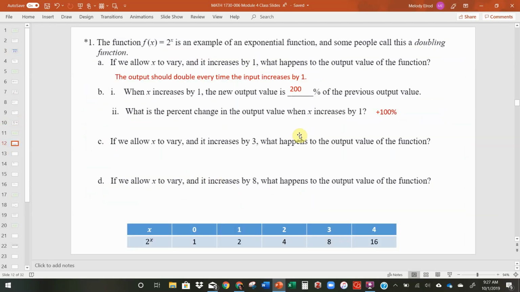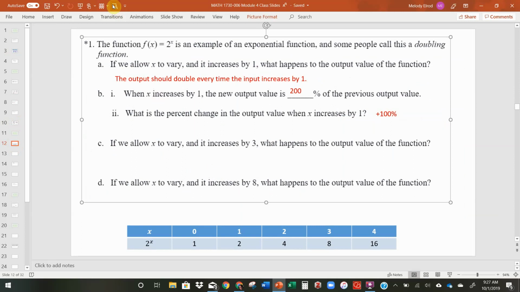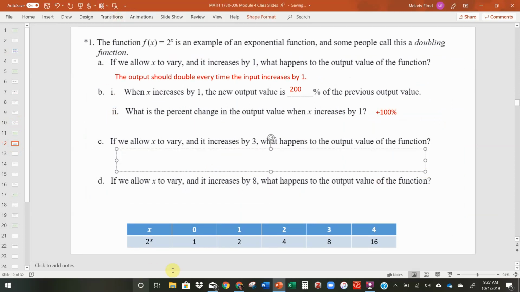So if we allow x to vary and it increases by 3, let's look at our table down here. We start at 1 and we increase 1, 2, 3. How is the new output affected?